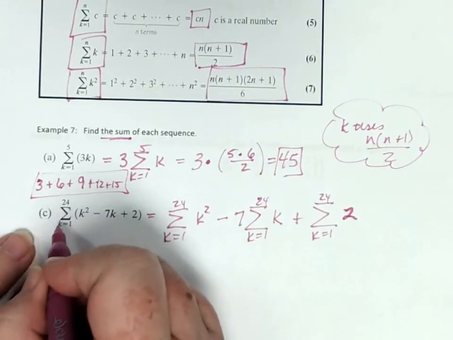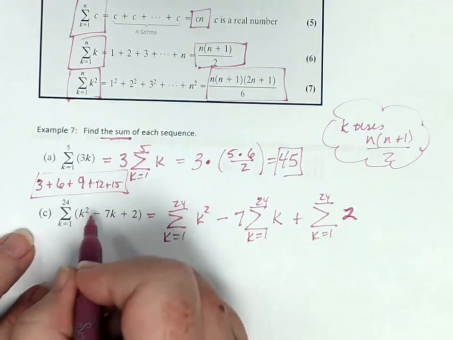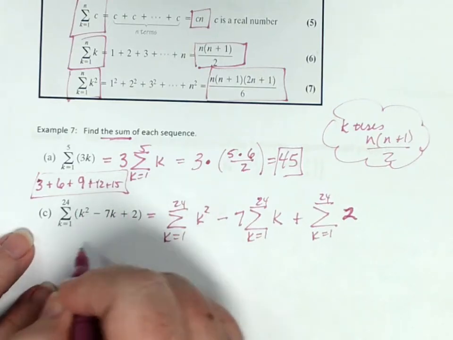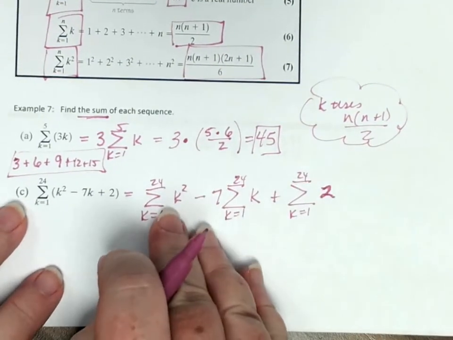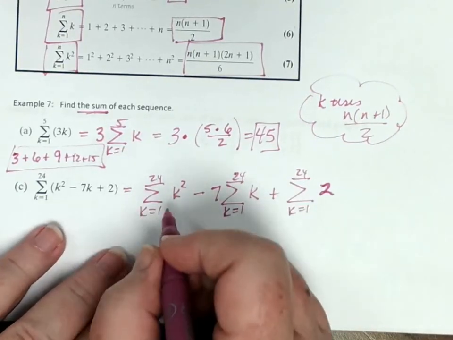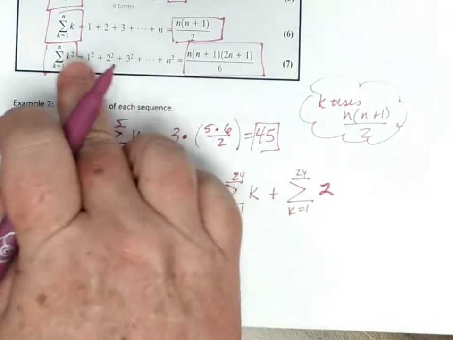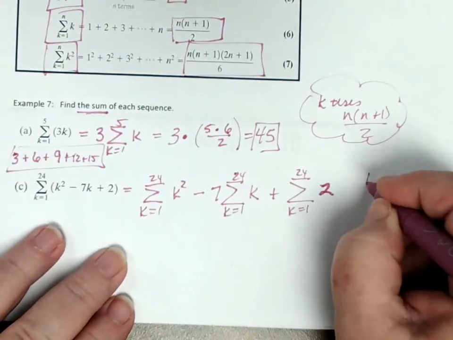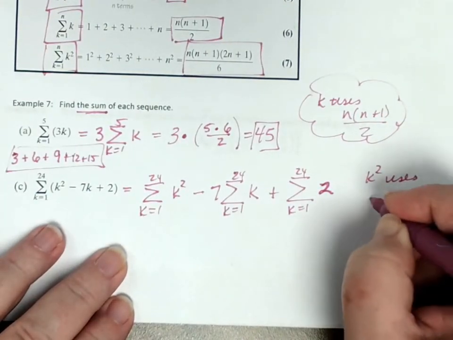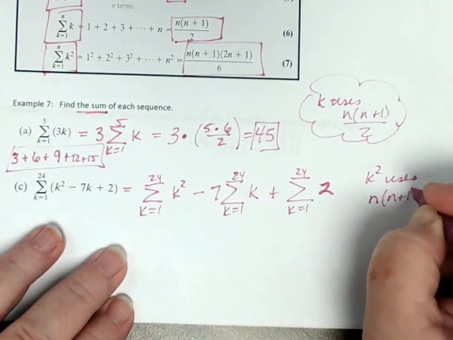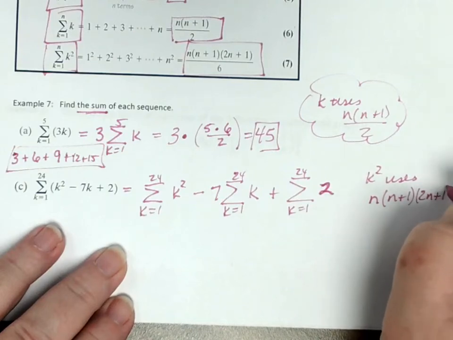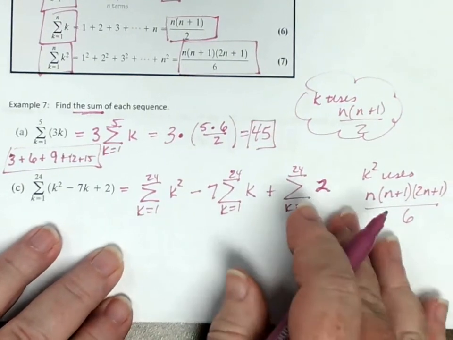But this one wants 24 of them. That's quite a few. We'd have to plug in 1, 2, all the way to 24, add them all up, that's a lot of work. But when we split it, let's look at how we can do this. k squared uses n times n plus 1 times 2n plus 1 divided by 6.